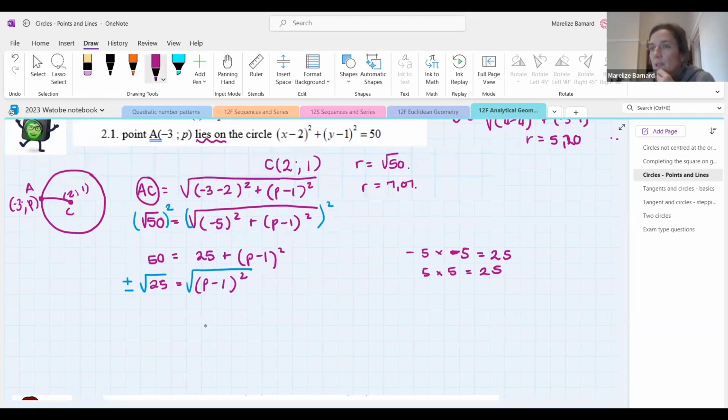So my one option is that p minus 1 is equal to -5, or p minus 1 is equal to 5. So that's where the plus minus comes in. Solve for p in both equations, and we get -4 is equal to p, or equal to 6.